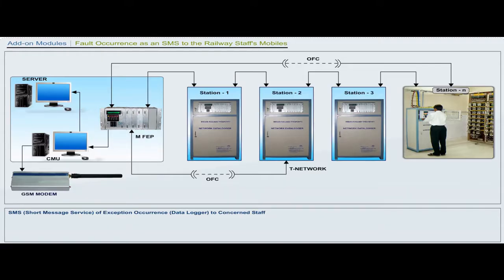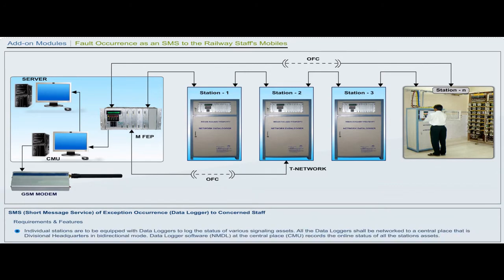SMS (short message service) of exception occurrence from the data logger to concerned staff: requirements and features. Individual stations are to be equipped with data loggers to log the status of various signaling assets. All the data loggers shall be networked to a central place, that is the divisional headquarters, in bidirectional mode.